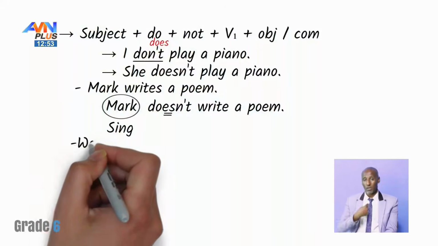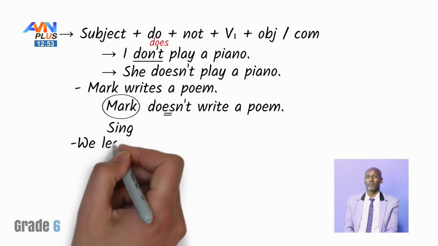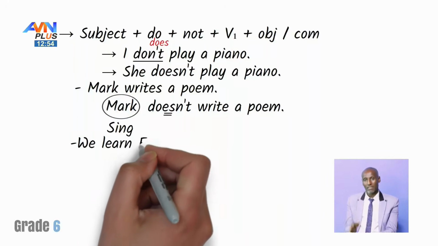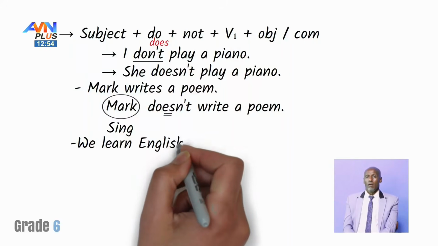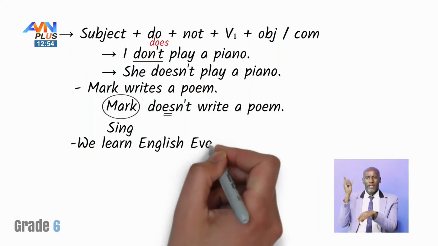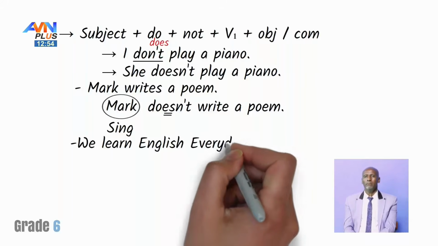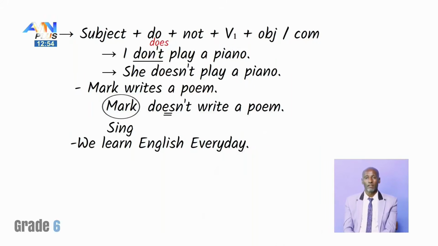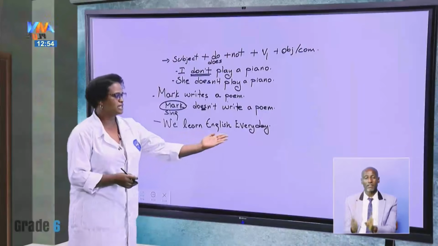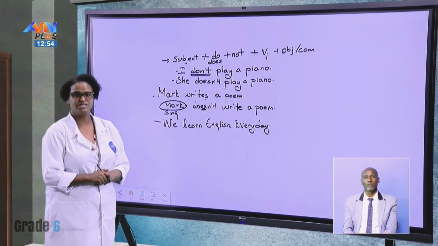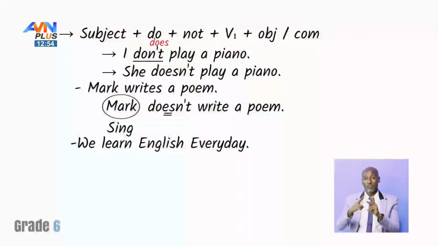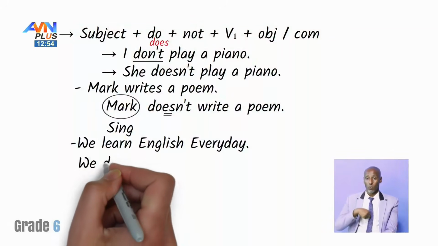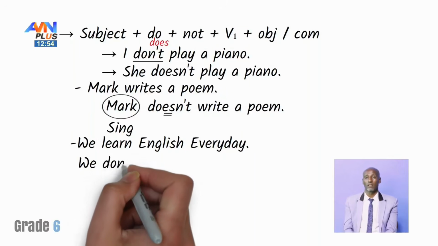Let's add one more. We learn English every day. I want you to make it negative. Make it negative. We learn English every day. Yes? Very good. Since we is plural, now this time we use do, right?